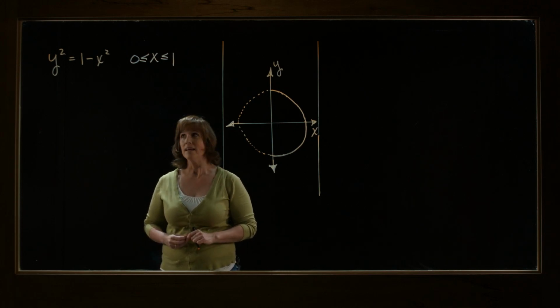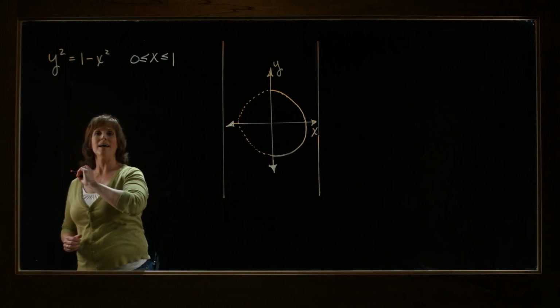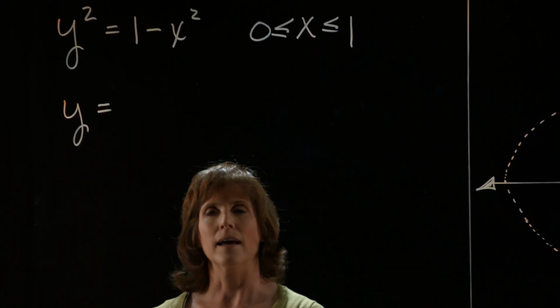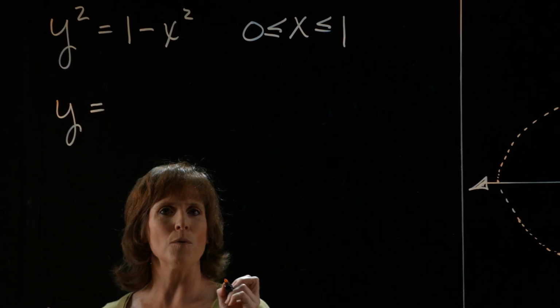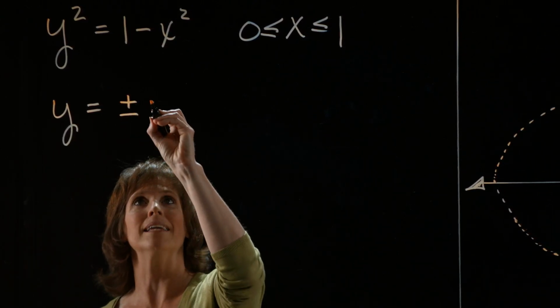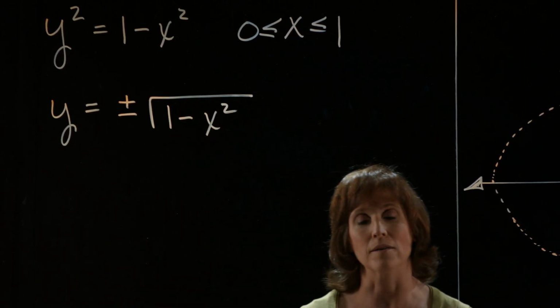Well, one option is to solve this equation for y. Let's see what happens. When I solve for y, I need to take the square root of both sides. But recall that when you take the square root of both sides of an equation, your result is going to be plus or minus the square root of 1 minus x squared.